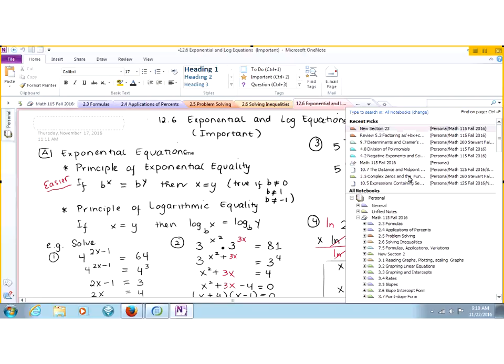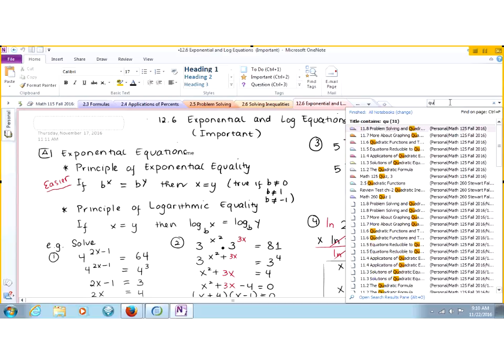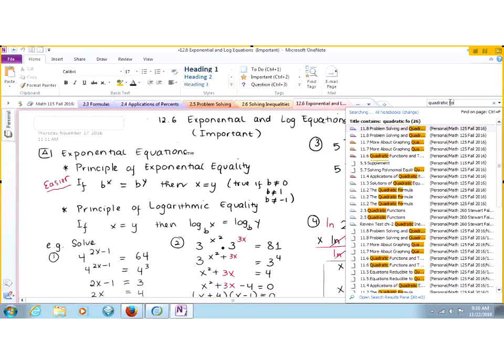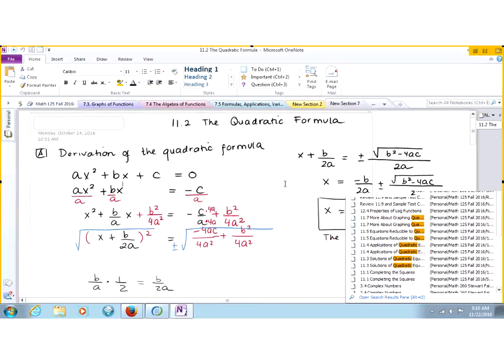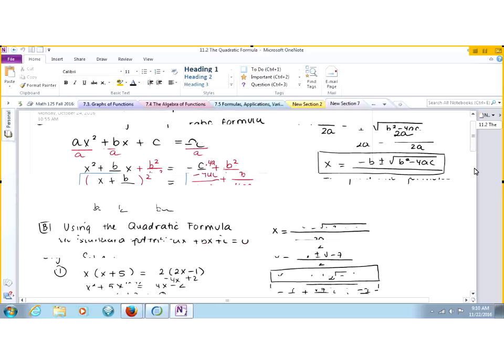Did I save the quadratic formula yesterday? Quadratic formula. Oh, here. 11.2, the quadratic formula. That's not you?